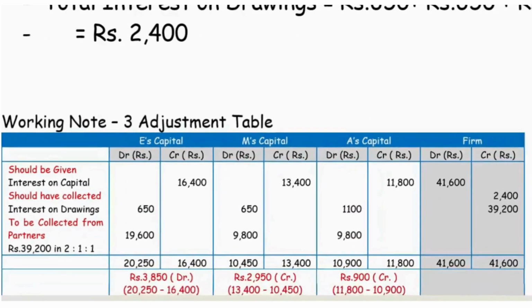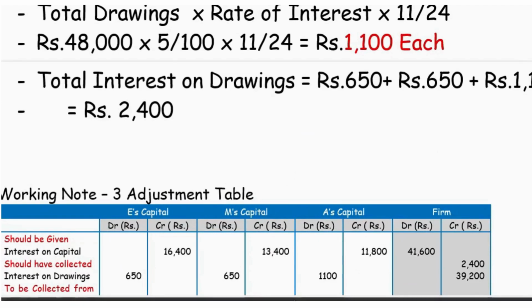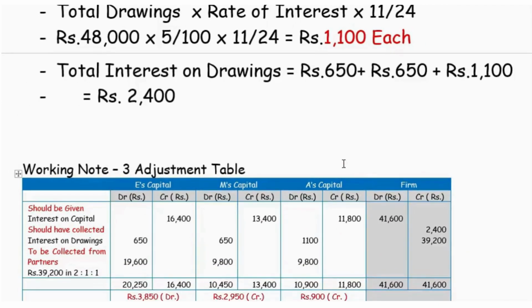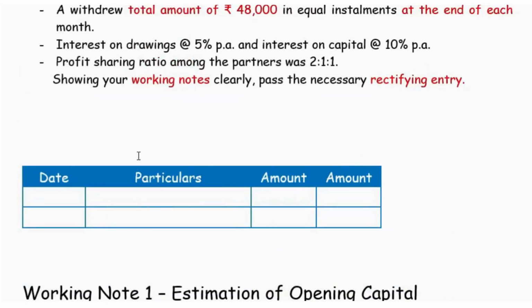Now we will record this in the journal. This value is to be recorded in the journal. Adjustment journal entry. E's capital account is debited to the extent of rupees 3,850 and M and A's accounts are credited.